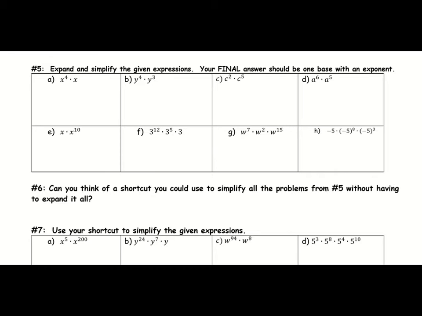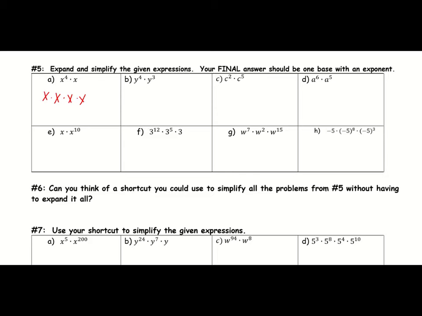So letter A, according to the directions, we want to expand and simplify the given expression. So we have a final answer with one base and one exponent. So if we look at letter A, we have x to the 4th times x. I'm going to expand this. I'm going to write what x to the 4th would look like. X to the 4th would be x times x times x times x.